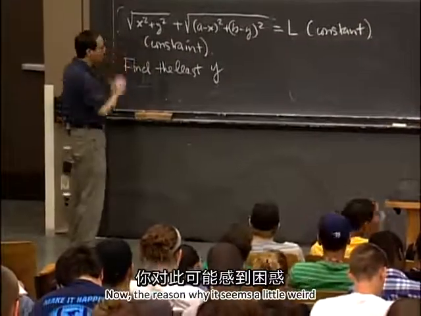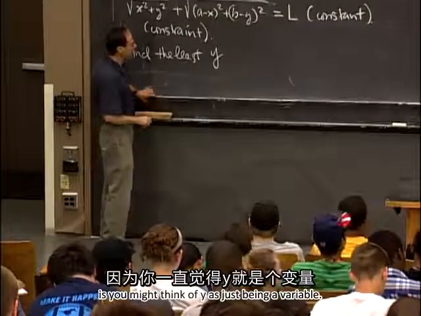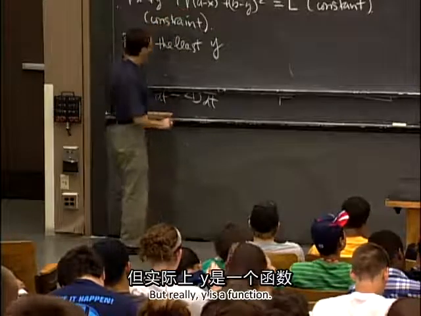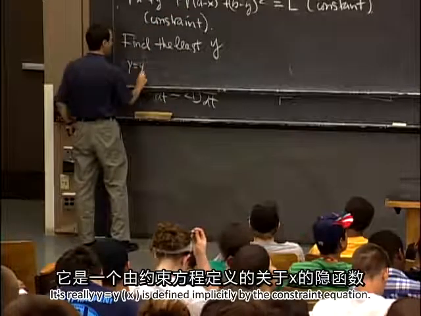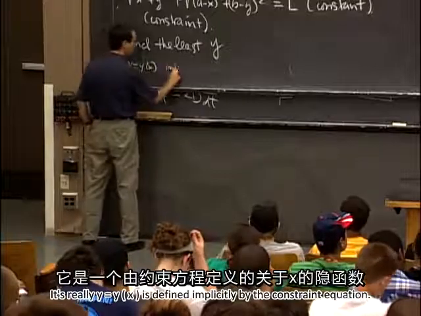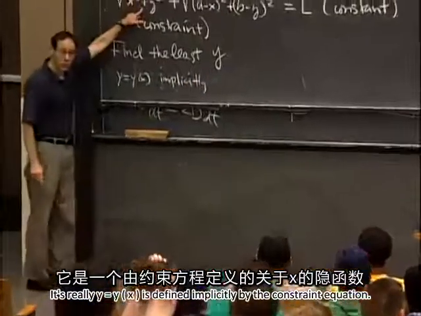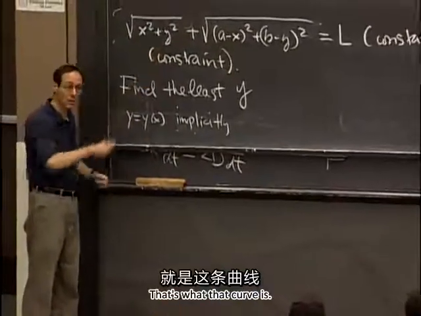Now, the reason why it seems a little weird is you might think of y as just being a variable, but really, y is a function. It's really y equals y of x, defined implicitly by the constraint equation. All right, that's what that curve is.